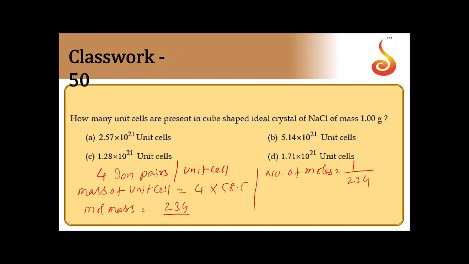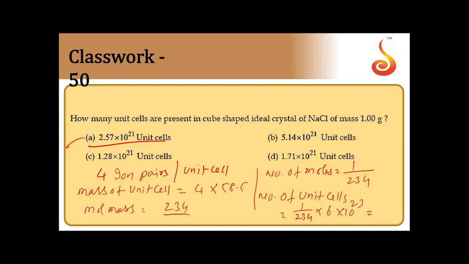Then the number of unit cells is equal to moles into Avogadro's number: 1 by 234 into 6 into 10 to the power of 23. After simplification, the value comes to 2.56 into 10 power 21, which is nearly option A. So the answer is option A.